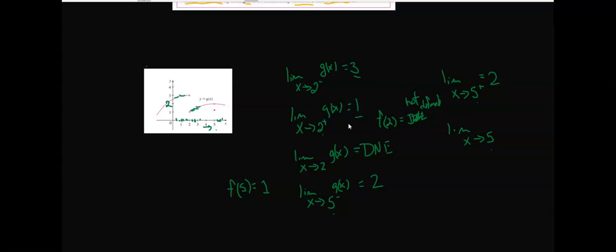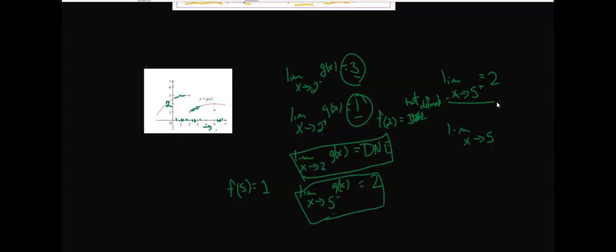So in the previous case, the left-handed limit was 3 and the right-handed limit was 1, so they weren't equal. So this was DNE, doesn't exist, because both have to be equal for this to exist. But here, they are both equal. So this exists and is equal to 2.